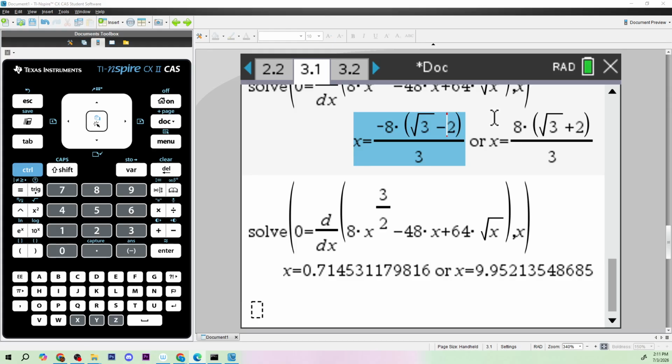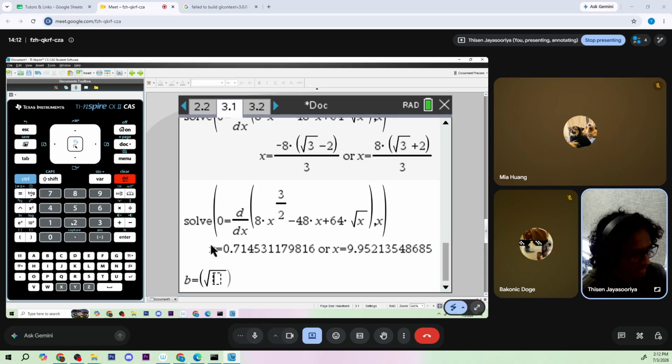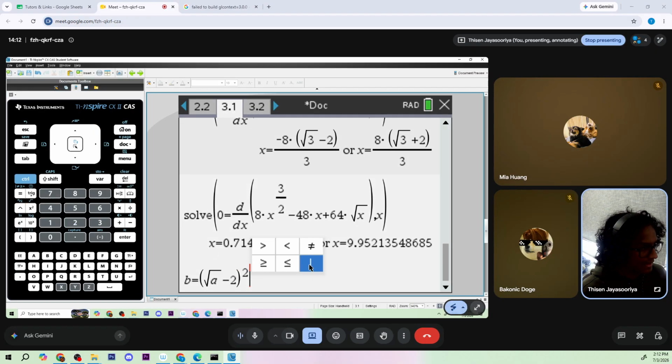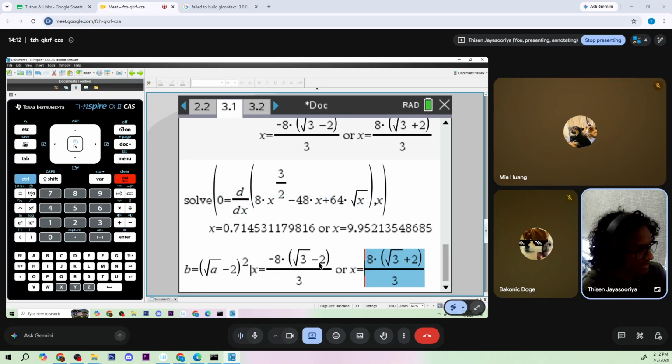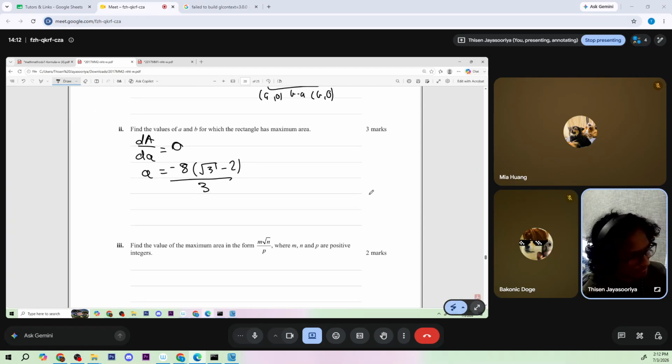I can substitute this value in to find my value of b. So b equals a take away 2, squared. Given that a is equal to this first value, I get b equals 4 over 3.